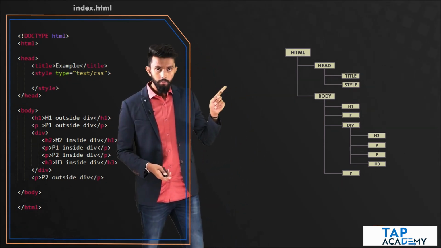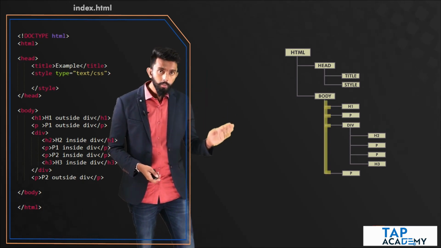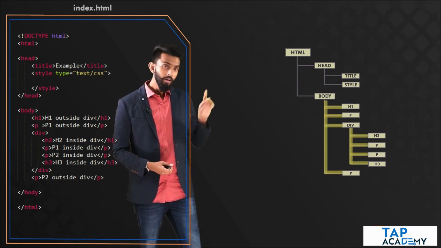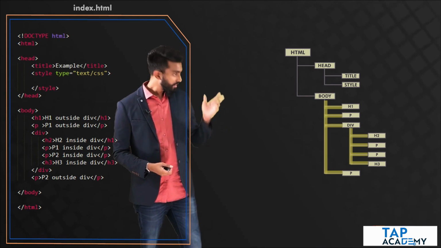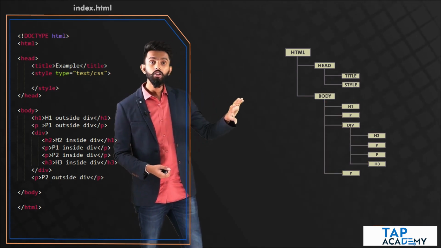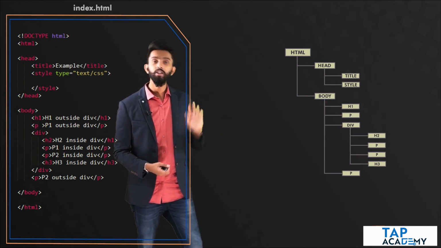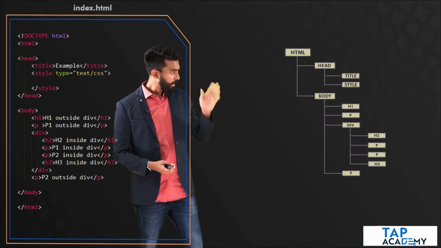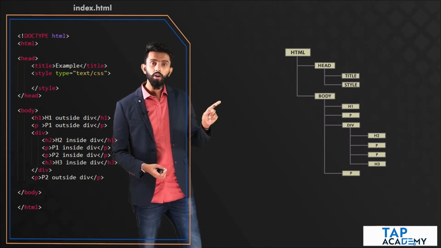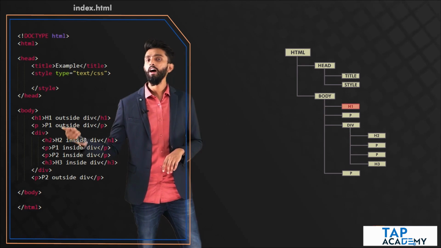If you come inside body, body has so many children, right? Amongst those children, there are direct children and there are indirect children as well. But if you look at it, inside the body, I have my h1 and I have my p tags.